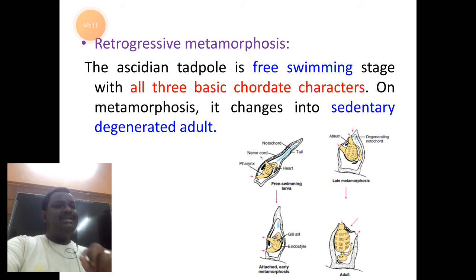So in the Ascidian tadpole, the larval form is a free swimming form showing all the basic 3 chordate characters, the presence of notochord, gill slits, etc. They all totally get degenerated by the time it enters into adulthood.